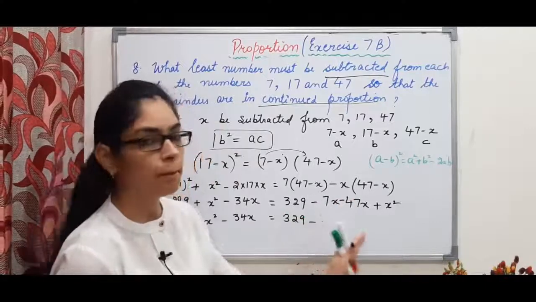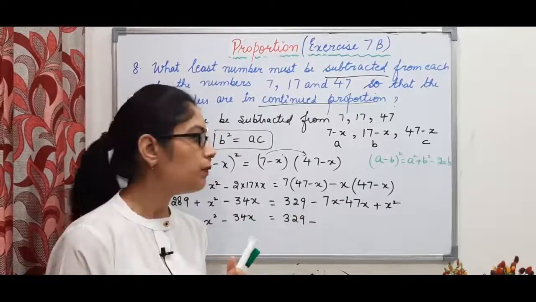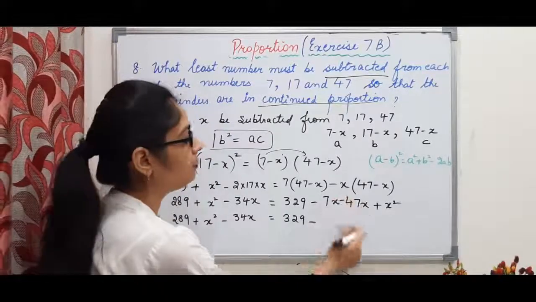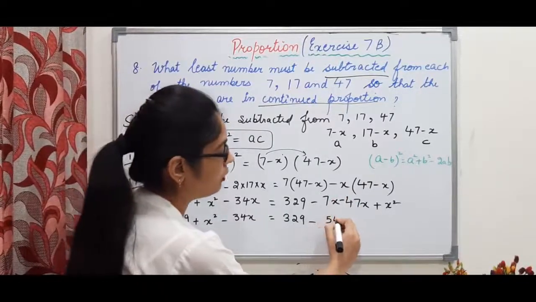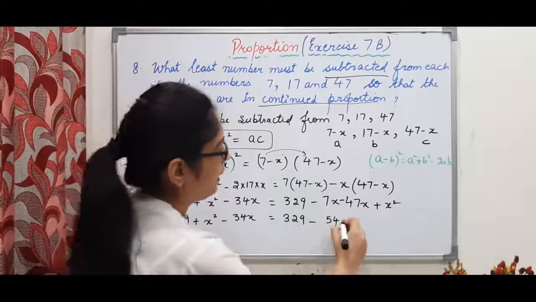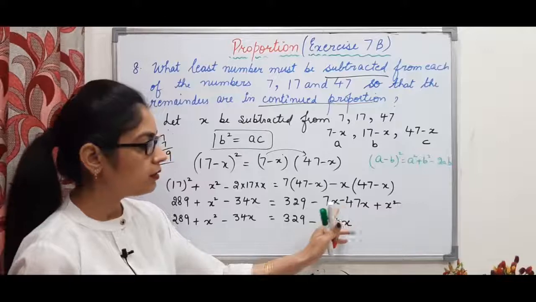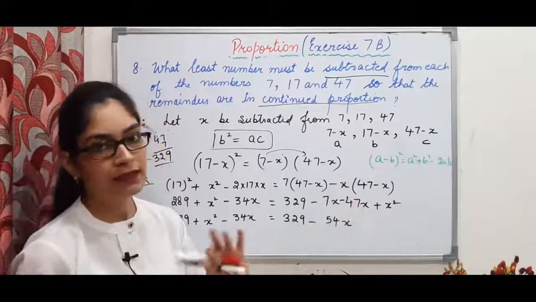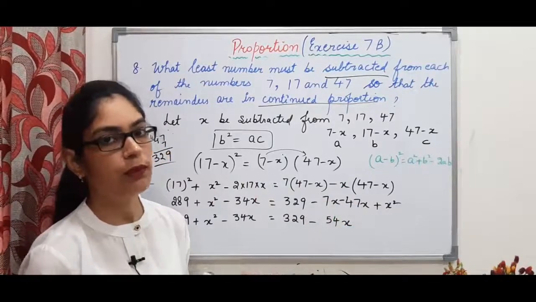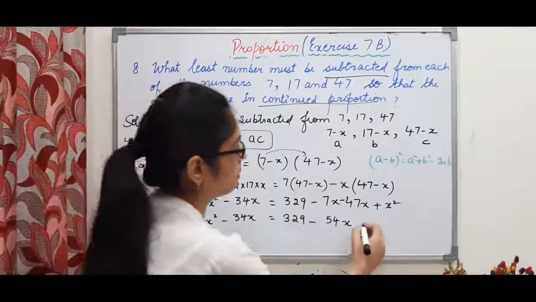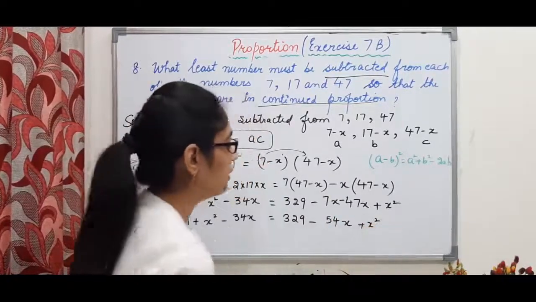Minus 7x minus 47, minus plus, but with the minus sign. So 7 plus 47, it's 54. X as it is I have to write, but minus, because it's with the greater number also the minus sign is there, you can remember that way also, and minus is plus with a minus sign. So minus 54x plus x square as it is we will write.